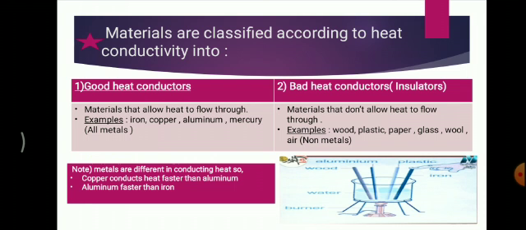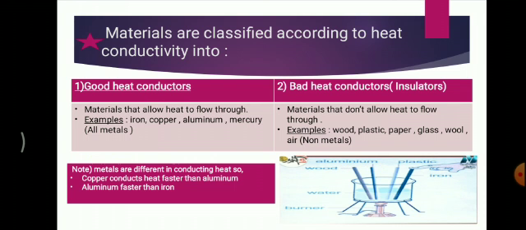For example, imagine that we prepare a beaker and pour boiled water in it and bring three different metals: one of iron, the second of aluminum, and the third of copper. All of them are good conductors of heat, but not all of them conduct heat to the same degree.